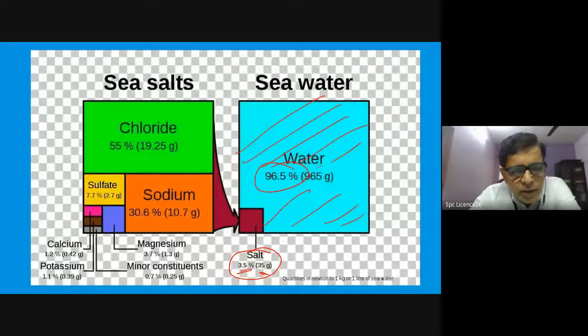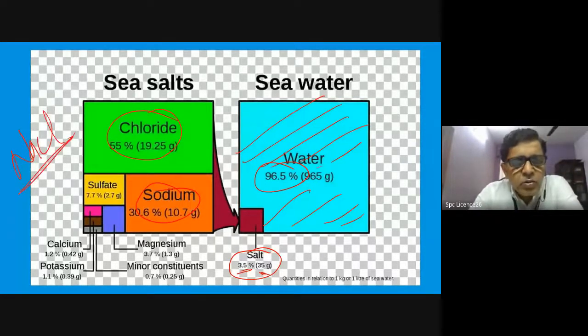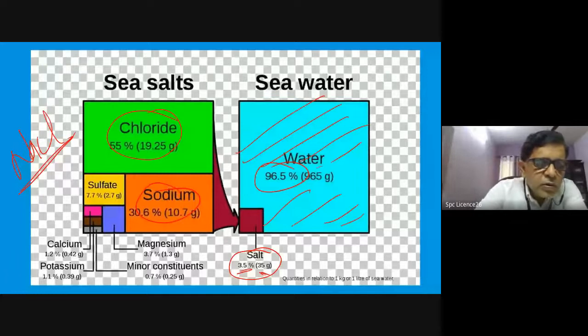Of the major salts, 80% is sodium and chloride, and that is why NaCl is the common salt that we use: sodium 55 and chloride 30, 85%. And then you have other small constituents. These include 8% of sulfates and magnesium as well.